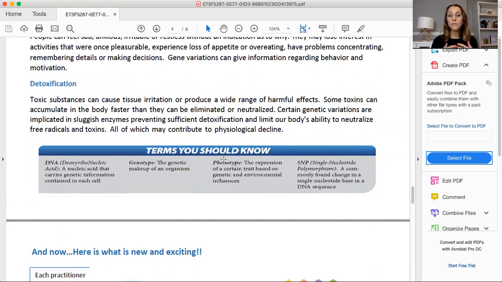But you should also know what phenotype is, and that's the expression of a certain trait based on genetic and environmental influences. Just because you have a certain genotype doesn't mean you have that phenotype. It does not mean that the gene is expressing itself. SNP, we went over that, the single nucleotide polymorphism. It's a commonly found change in a single nucleotide base in a DNA sequence.